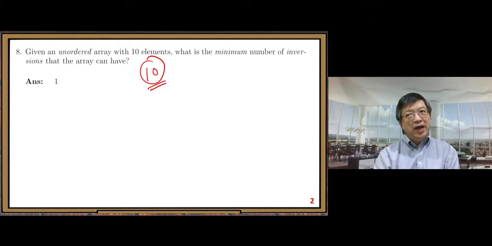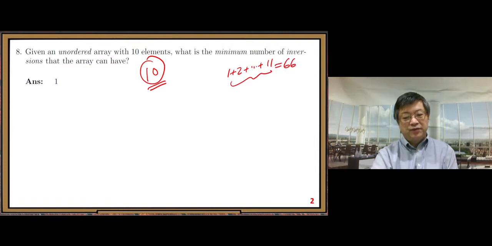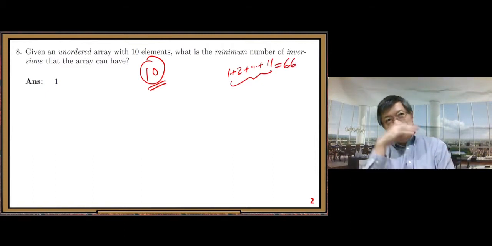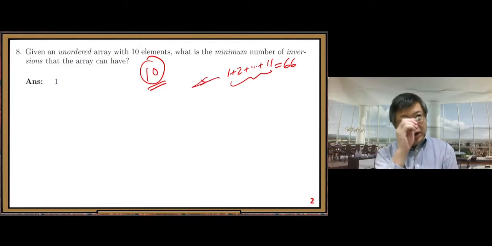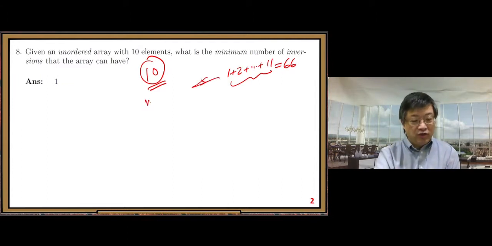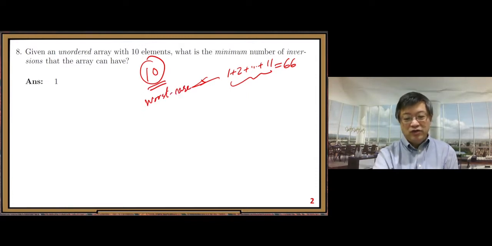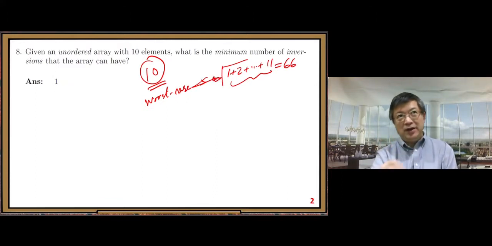Because the worst case, they use 1 plus 2 plus, the previous question, 11, right? So that's the answer, 66. Then, based on their experience, this one is pretty close to that worst case formula. Those students connect to that formula automatically.